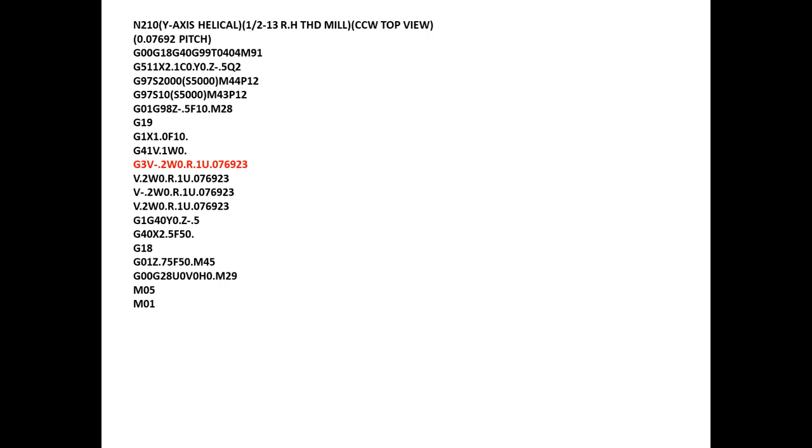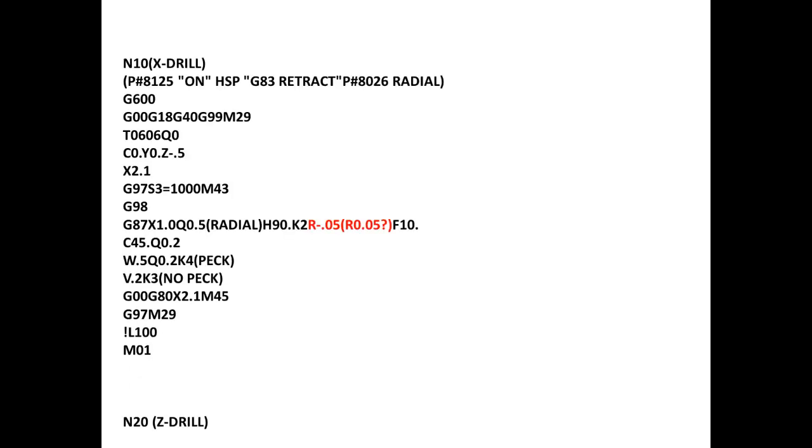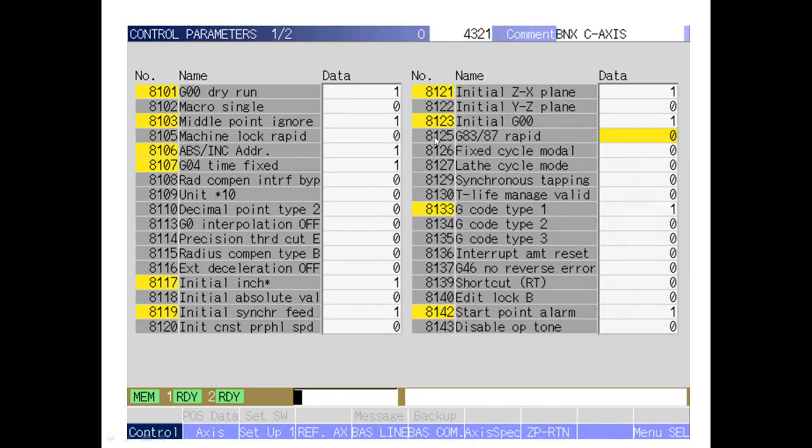All right, so I'm gonna move on to the Mitsubishi control side. Once you understand the Fanuc side, it's not much different. Mitsubishi side, X drill, different parameter 8125. Do you want to use a high-speed peck or a regular peck? With high-speed peck, your tool's not going to come out of the hole.